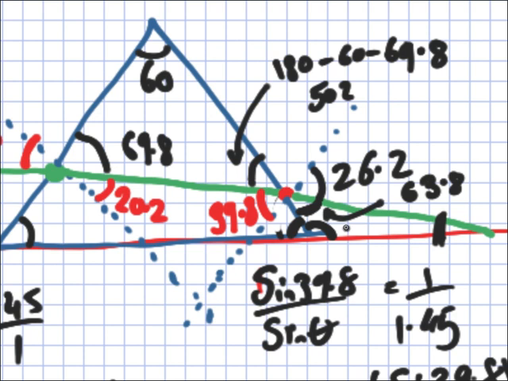Oh, something's gone wrong here. 120 plus 63 is more than 180. So some angle's not right here. Oh, maybe it doesn't hit the table.